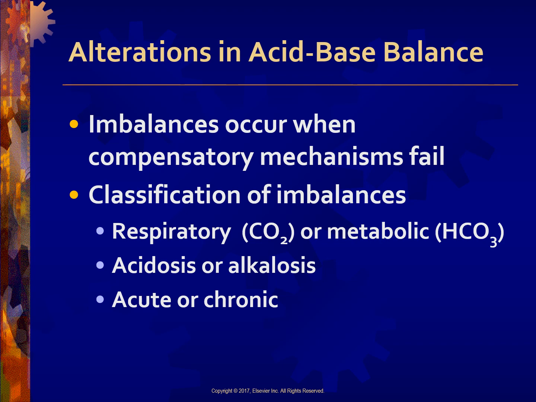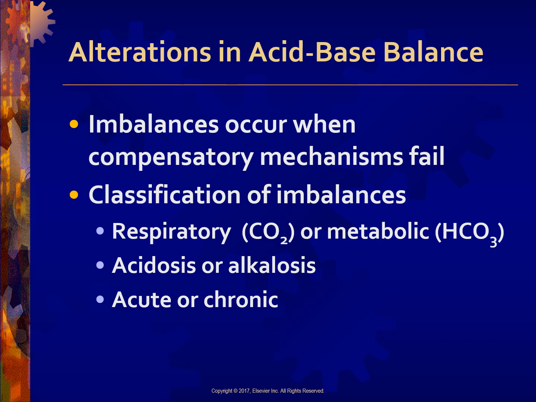Acid-base imbalances are classified as either respiratory or metabolic. Respiratory imbalances result from the retention or an excess of carbon dioxide altering the carbonic acid concentrations. Metabolic imbalances affect the base bicarbonate.